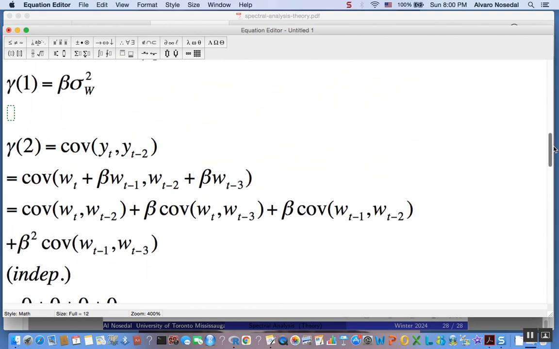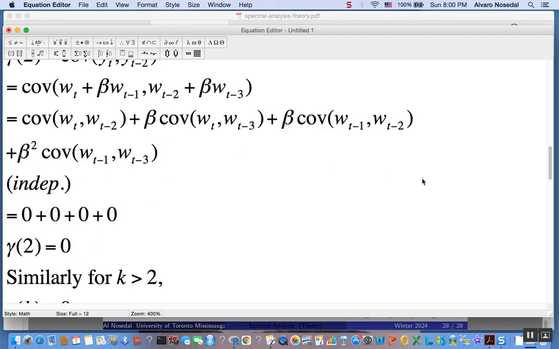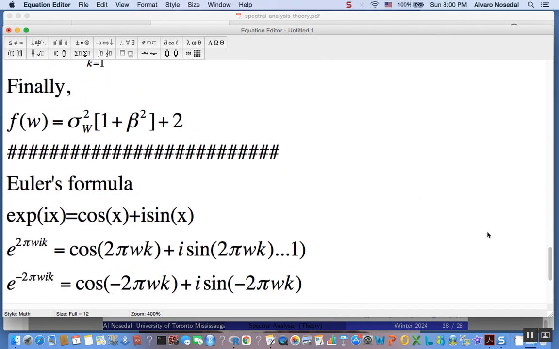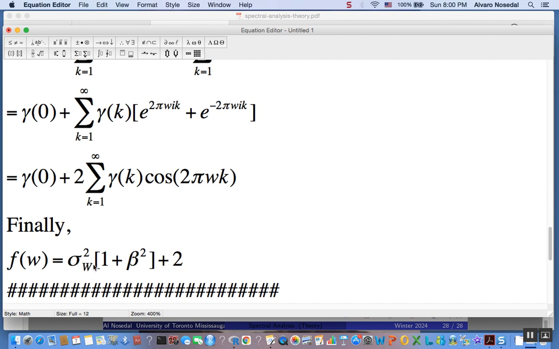So let me copy paste that one and apply the definition. So we have gamma at 0 plus 2 times gamma at 1, which is going to be just this, times cosine of 2 pi w times 1, that's just cosine of 2 pi w. Okay?